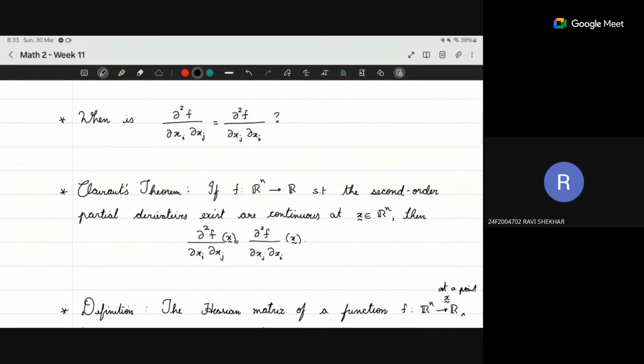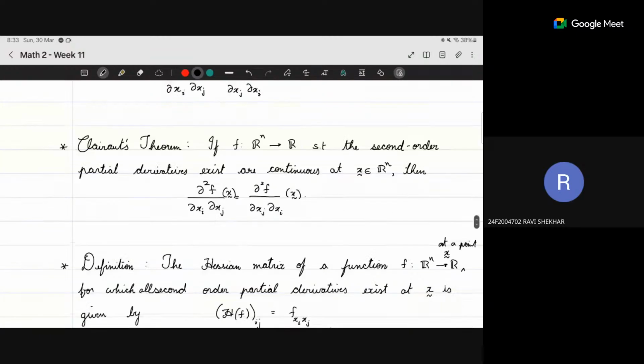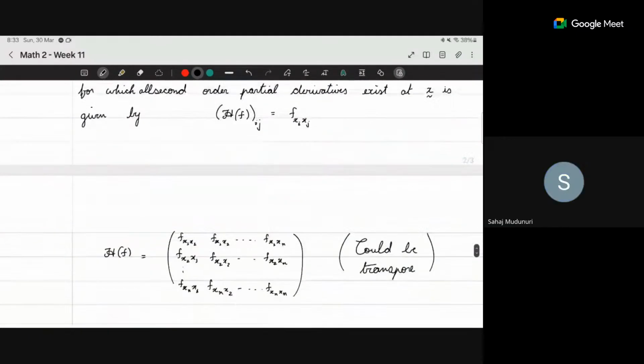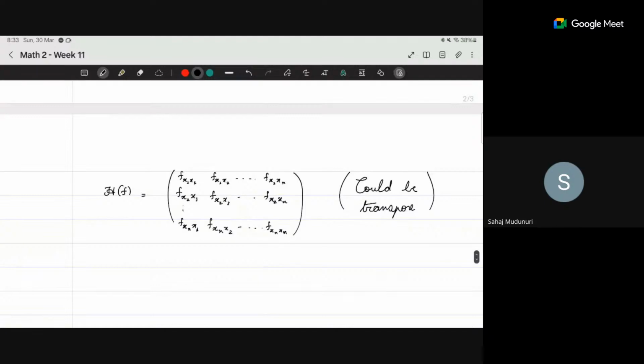So what happens when Clairaut's theorem is satisfied by a function? What can you say about the Hessian of that function? It's a symmetric matrix. So even if you write x2 x1 or x1 x2, it doesn't matter. For example, these two entries will be the same. The diagonal entries will be x1 x1, x2 x2, xn xn and so on, but on either side of the diagonal you will have symmetry.